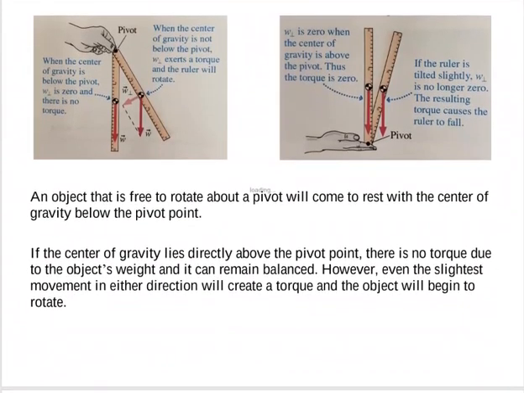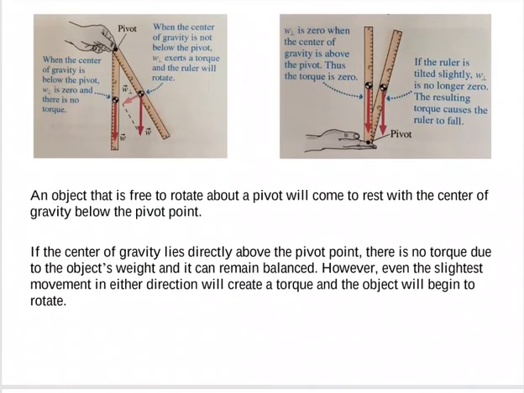Okay, so now if we have this situation where we're holding a ruler or meter stick, if the center of gravity is below the pivot, so we're just holding the meter stick directly down, then nothing's going to happen. There is no torque.